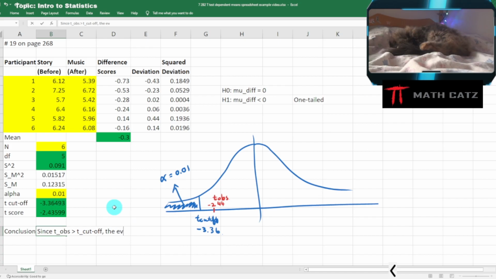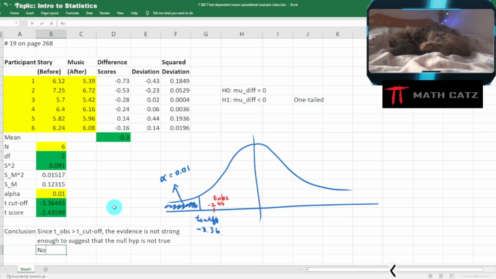So we can say the evidence is not strong enough to suggest that the null hypothesis is not true. I mean, we can't say it is true, but there's no evidence to really suspect that it is false.